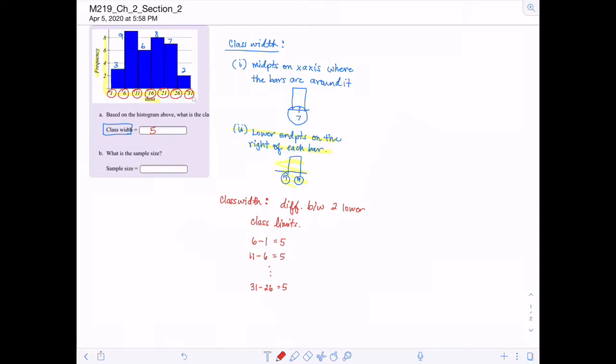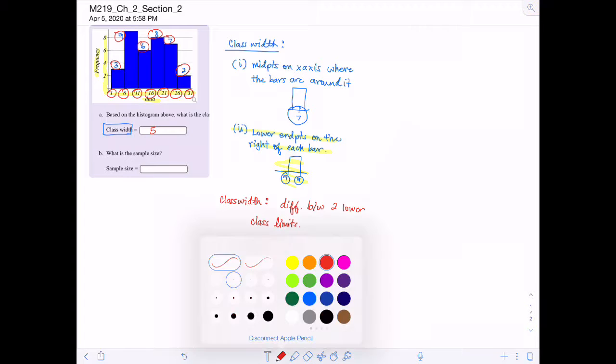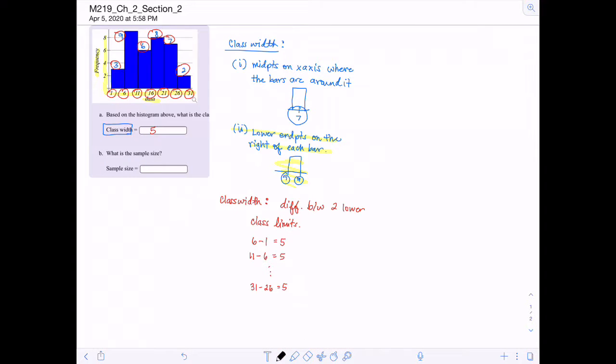The sample size will be the total number of frequencies on our histogram. So we could easily just add these all up because we've already identified the frequencies by the y-axis on our histogram. So now let's go ahead and calculate the sample size.